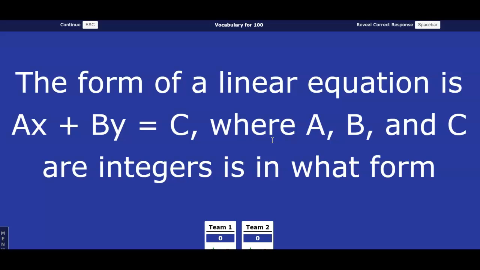It was just on the board. We just did problems like it. It's one word. Starts with S.